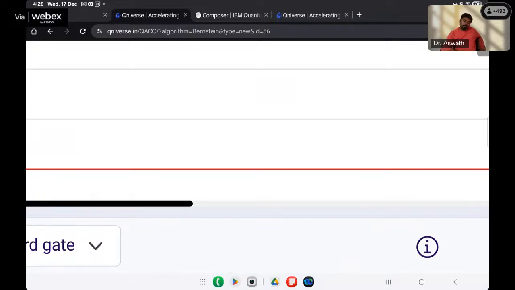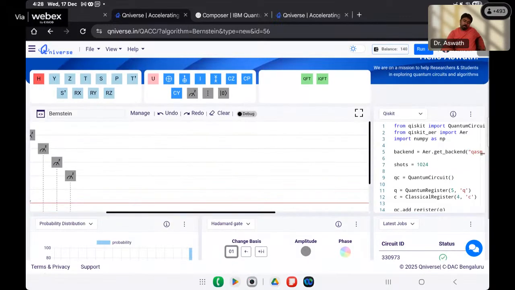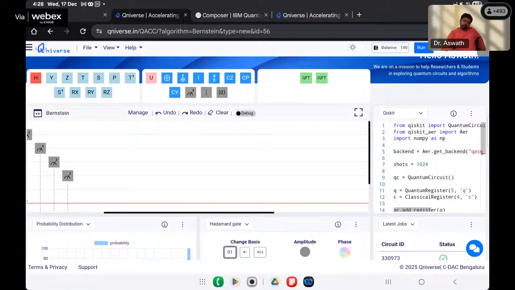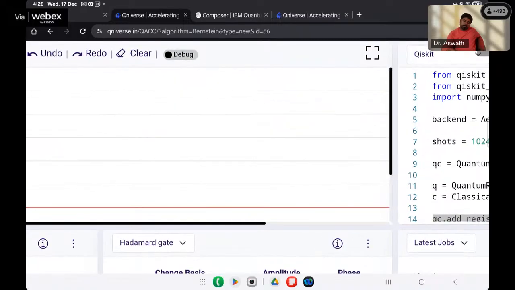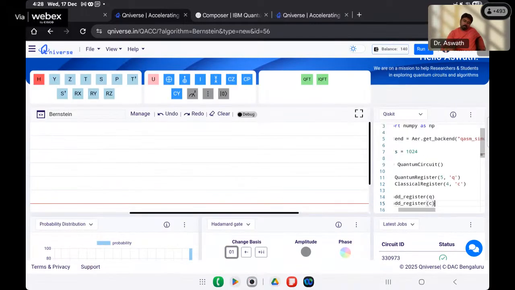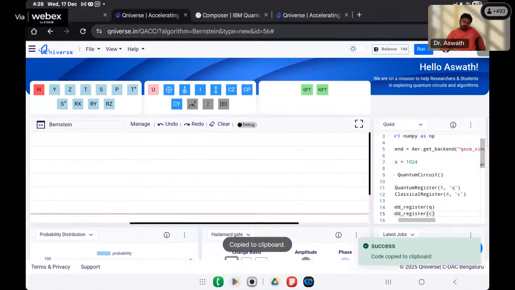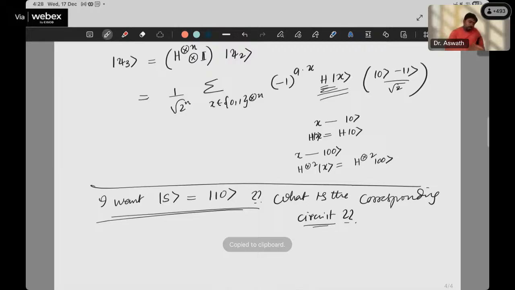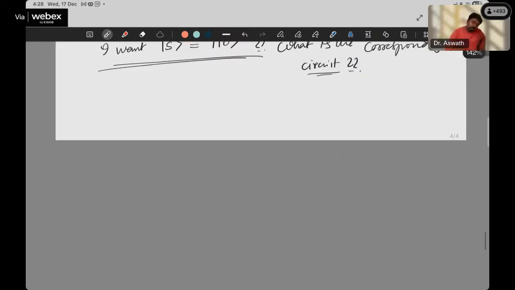Yeah, I can magnify. Okay, I am not able to see only this. Yeah, I can just copy the code. The code is copied. Let me paste it somewhere here.